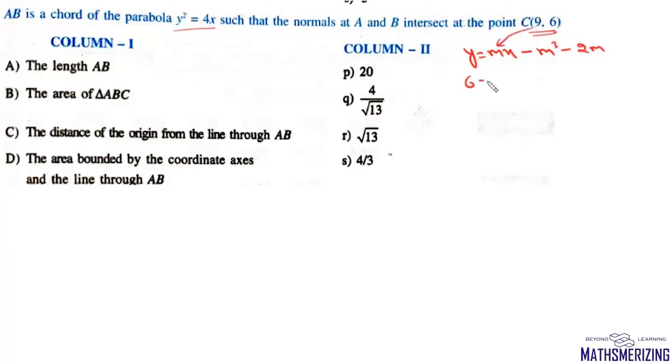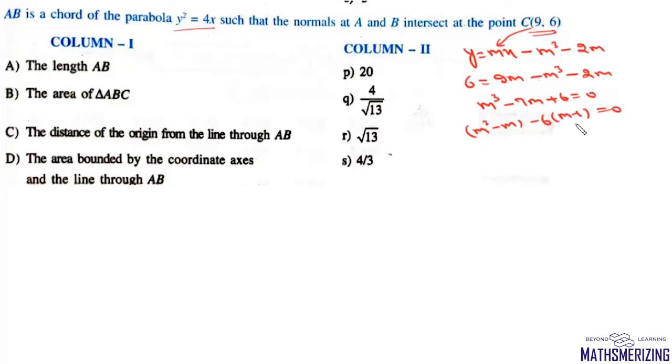So here y is 6 and x is 9, so it'll be 9m minus m cube minus 2m. So we can write this as m cube minus 7m plus 6 equals to 0.